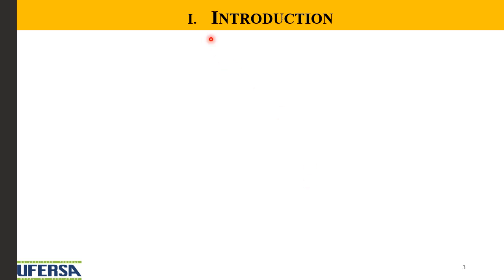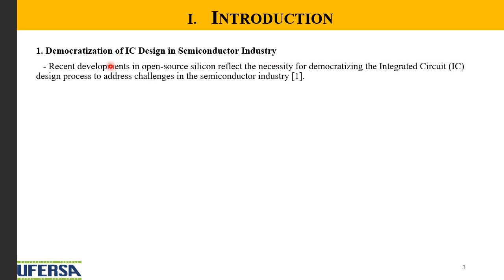Starting with the introduction, we have been seeing the democratization of IC design in the semiconductor industry. Recent developments in open source silicon reflect the necessity of democratizing the integrated circuit design process to address challenges in the semiconductor industry, because before that, only commercial tools allowed professionals to do IC design.